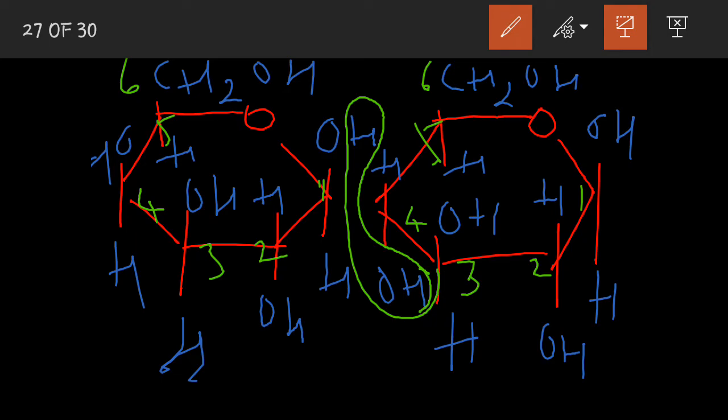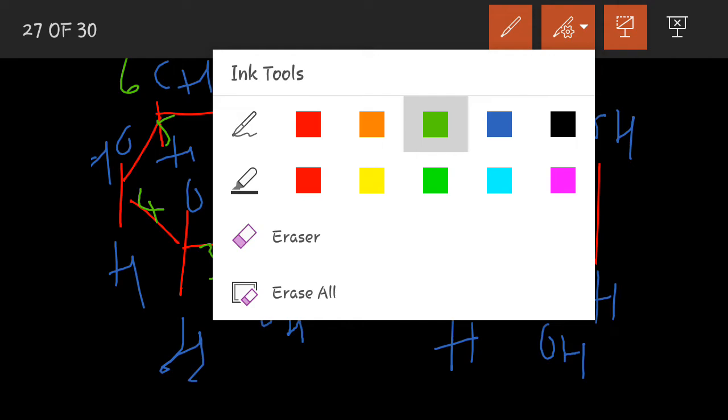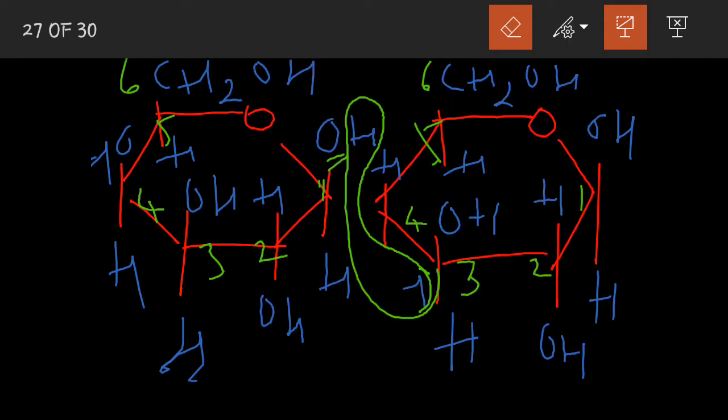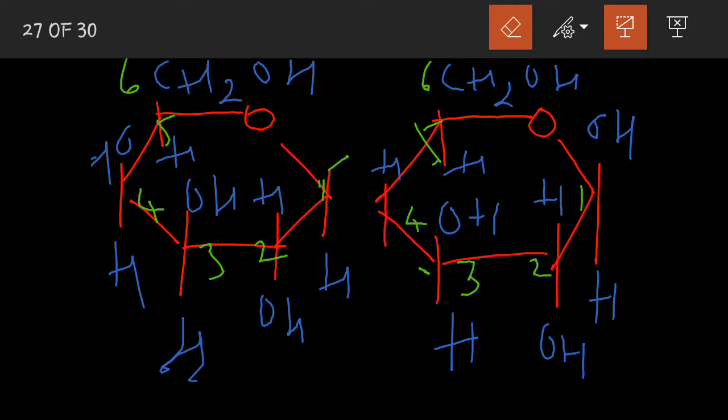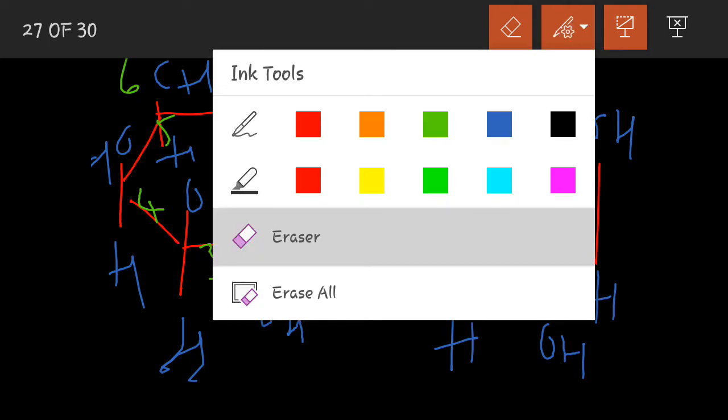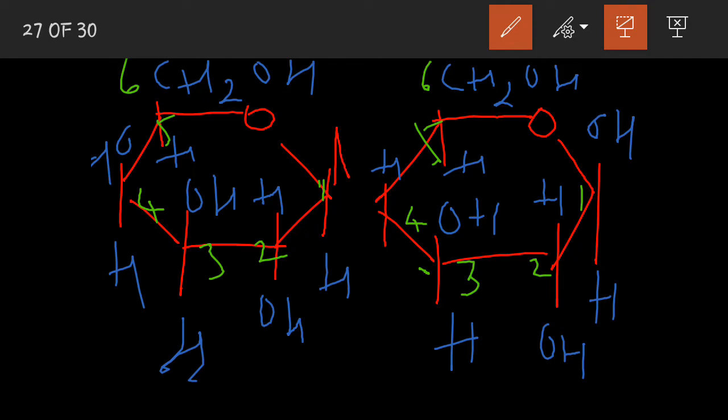H2O is lost. When the H2O is lost, what is left? Only O is left, no? Now the structure will be like this. There is an oxygen atom linking to this. So carbon number 1 of galactose links with carbon number 4 of beta D glucose.